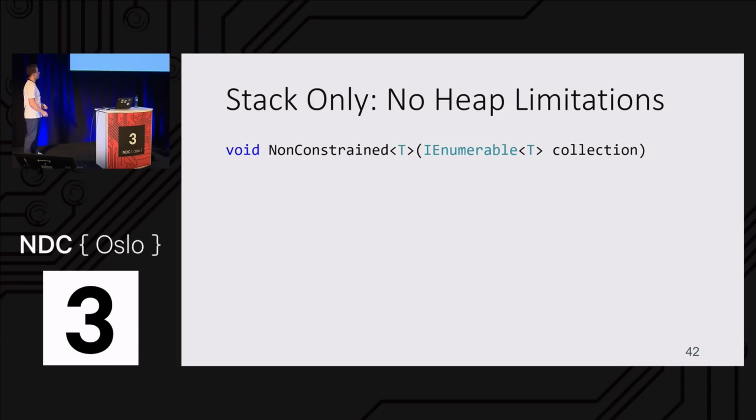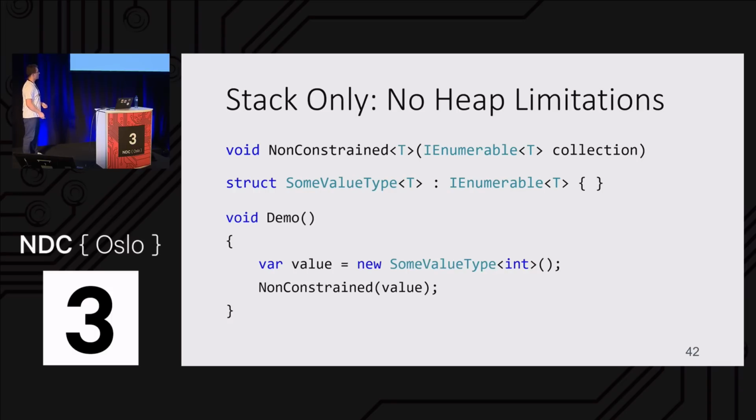Let's consider this example. We have a method that accepts something that implements IEnumerable of T. And we have a value type that implements this interface. And then we just create an instance of this value type and we send it to the given method. As I told you at the beginning, value types don't have the method table pointer.